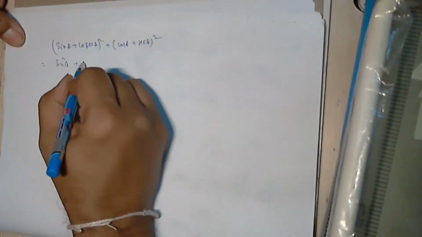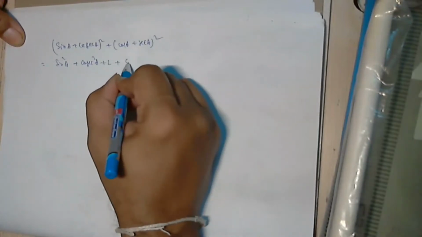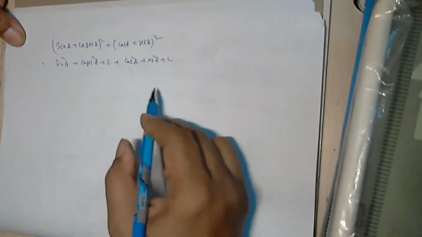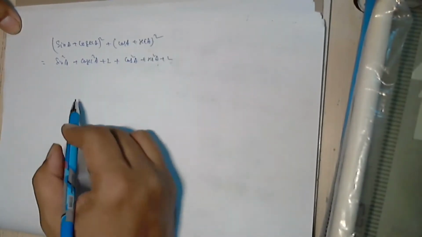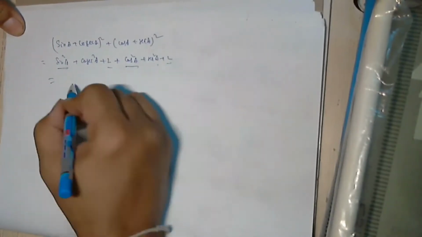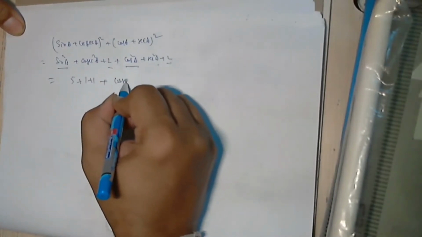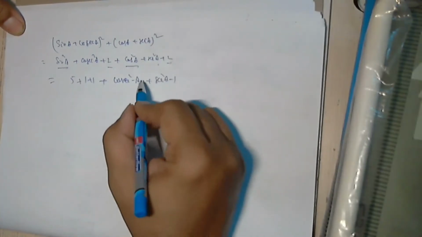Sin square A plus cosecant square A plus 2, cos square A plus secant square A plus 2. Because 2 sin A cosecant A is 2, 2 cos A secant A is 2. So now sin square A plus cos square A is 1. 1 plus 2 plus 2, 5. So I am adding 1 plus 1 plus cosecant square A minus 1 plus secant square A minus 1.